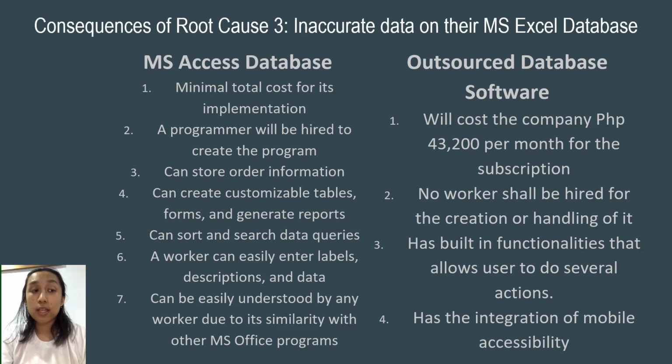Fourth, it can create customizable tables, forms, and generate reports. Five, it can sort and search data queries. Next, a worker can easily enter labels, descriptions, and data. And lastly, it can be easily understood by any worker due to its similarity to other MS Office programs.